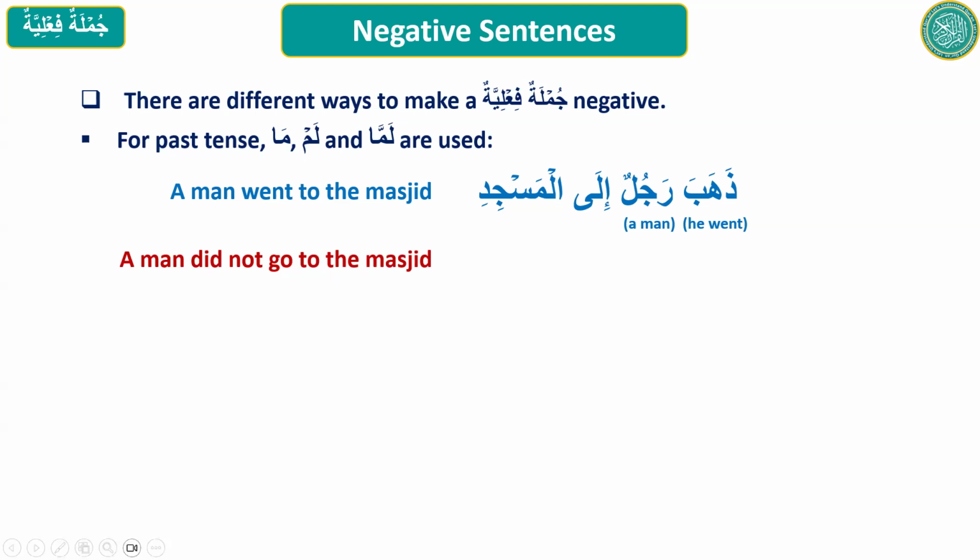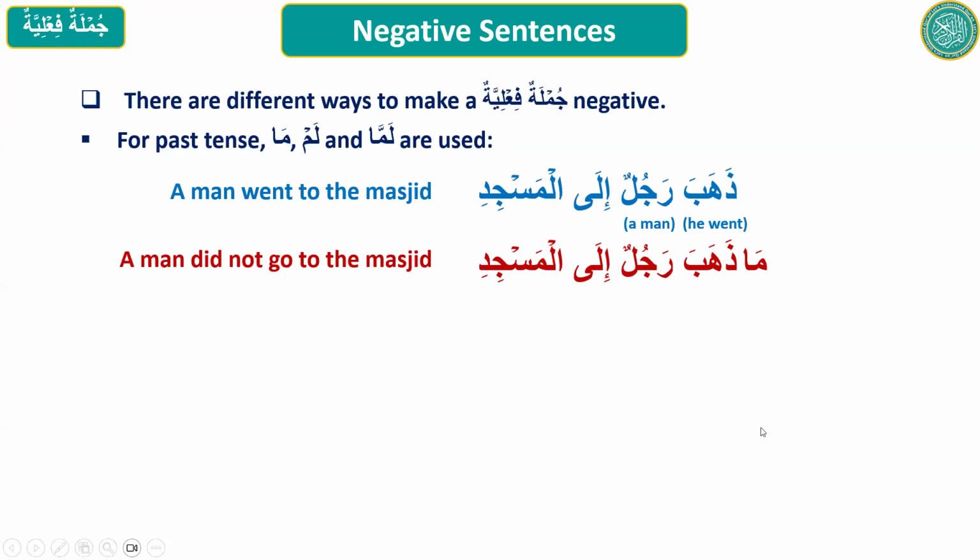We add ma at the beginning, and the rest of the sentence stays the same. Simple as that. Ma dhahaba rajulun ilal masjid. A man did not go to the masjid. So the first method in past tense, which is adding ma before the jumla fi'liya, is very simple. Just add a ma nafiya before it, and it becomes a negative sentence. A man did not go to the masjid.